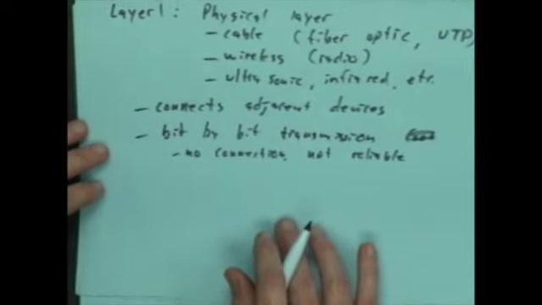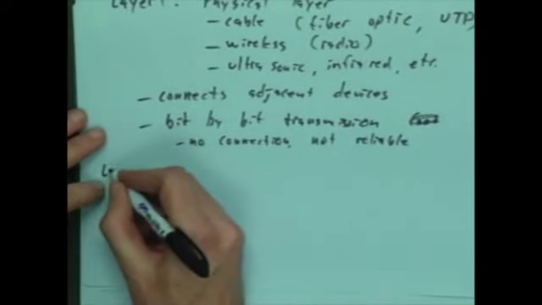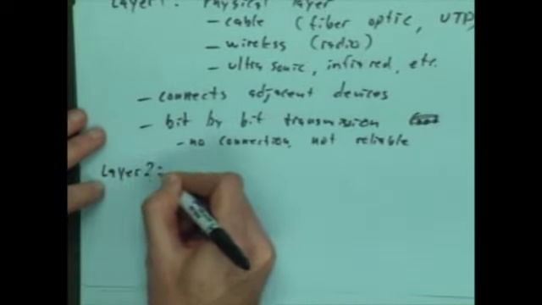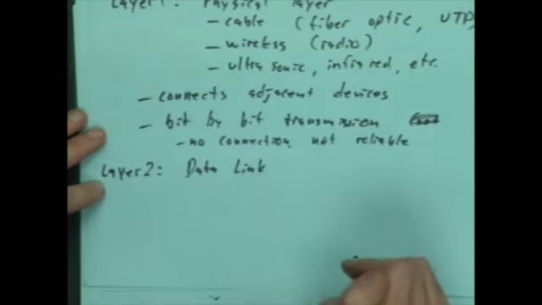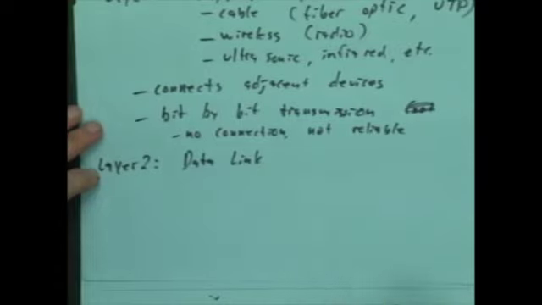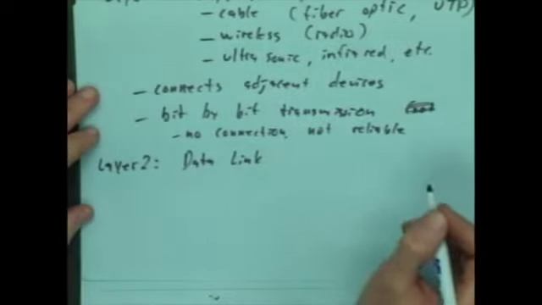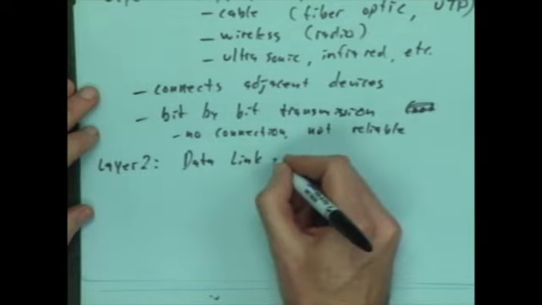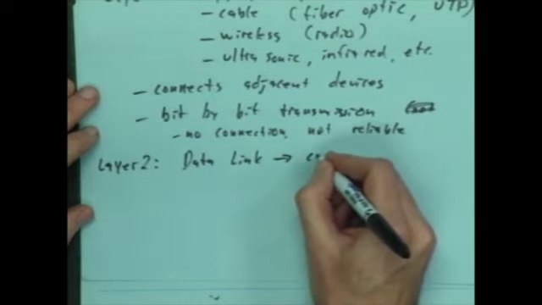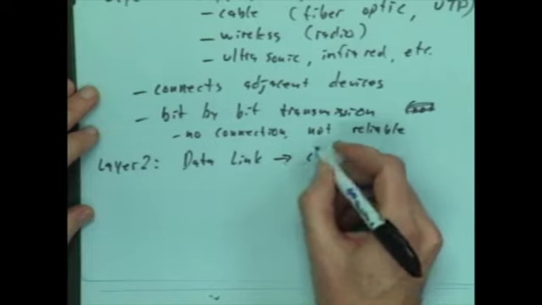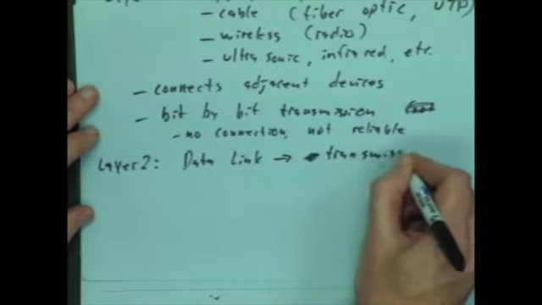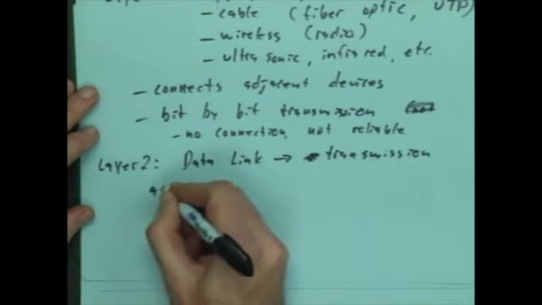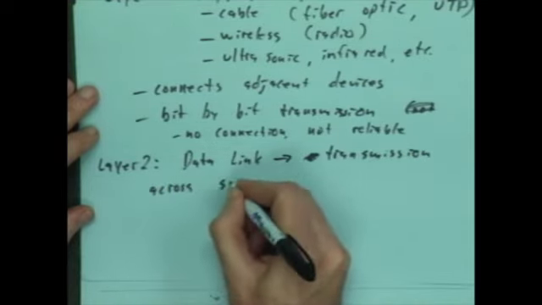Next layer. So that was the physical layer, layer 1. Layer 2 is the data link layer. Okay? This layer does transmission across a subnet.